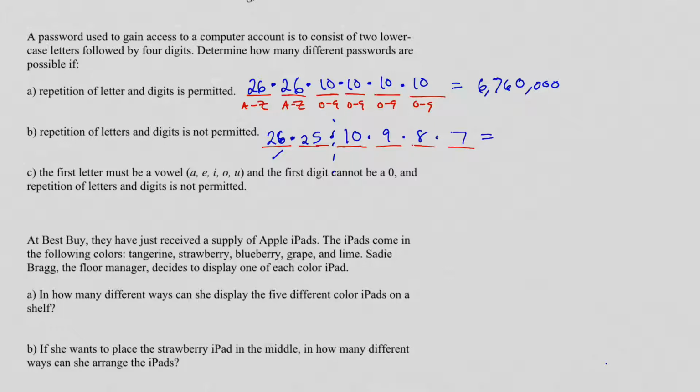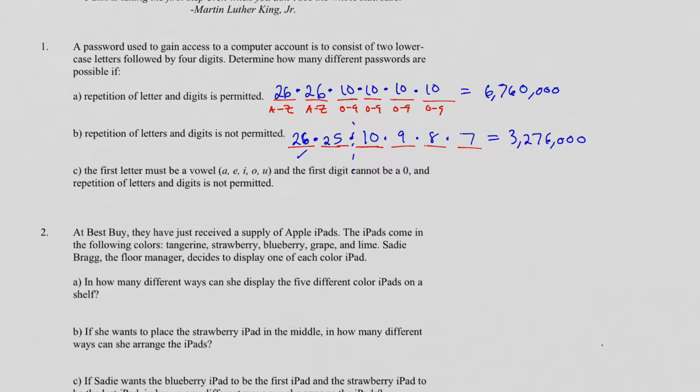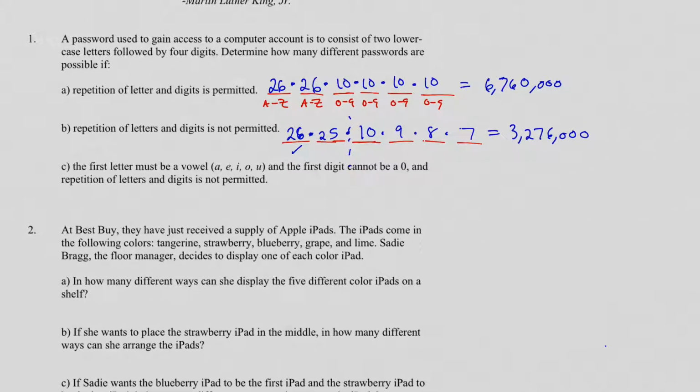Multiply all these, let me save you the time. It is 3,276,000. So again, you put restrictions, look at the options. It's got cut in half. This is good news, not for you, but for the hacker or the thief. Restrictions cut your options in half.